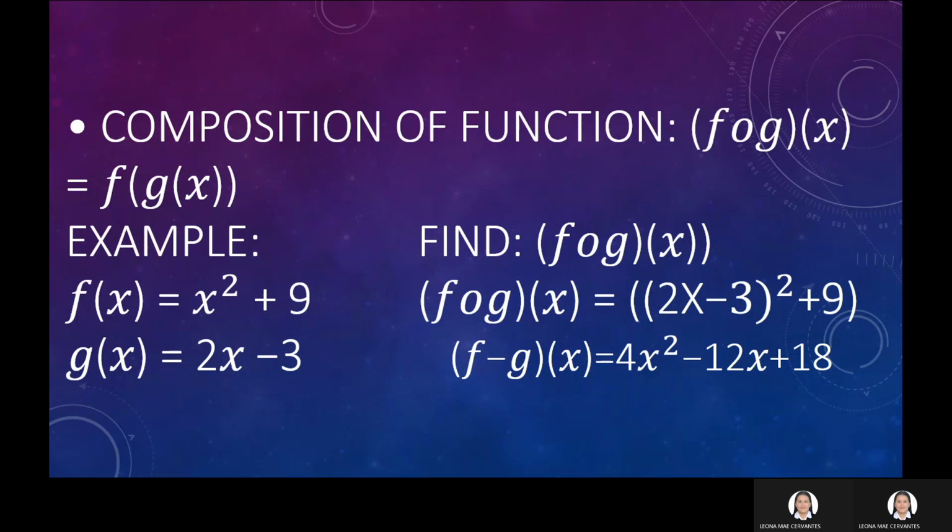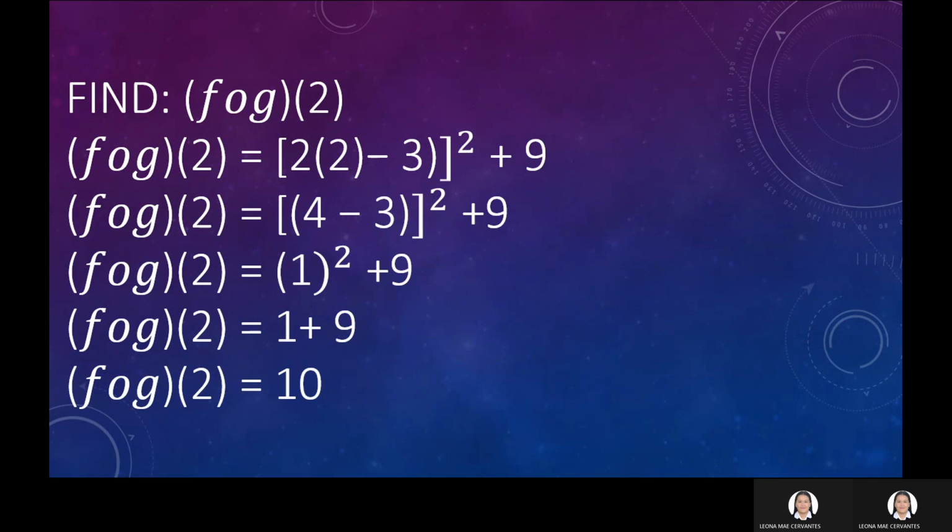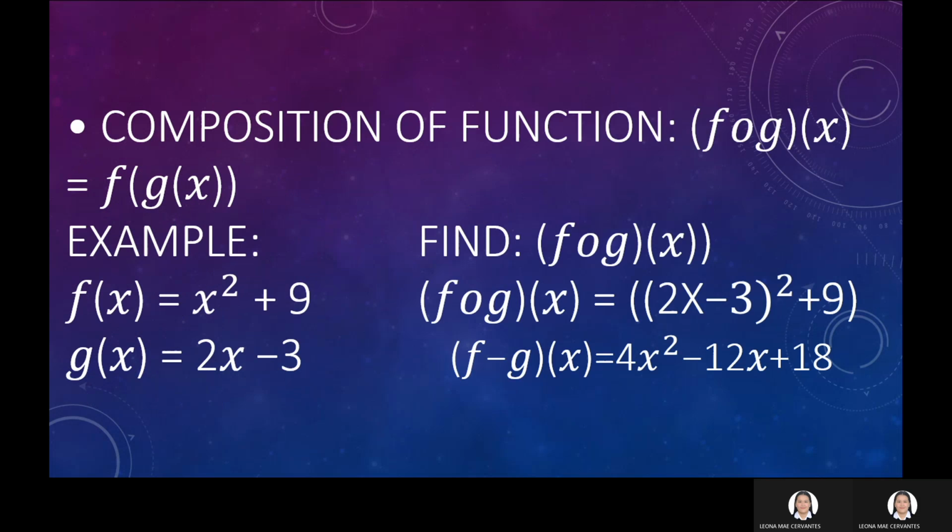Okay? Again, f composition of g of x is equal to 4x squared minus 12x plus 18. Okay? Next, the value of f of x is x squared plus 9.